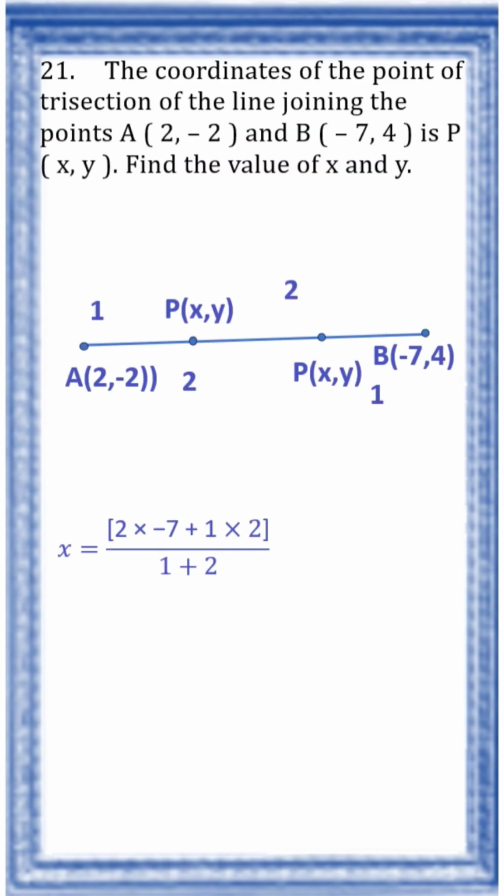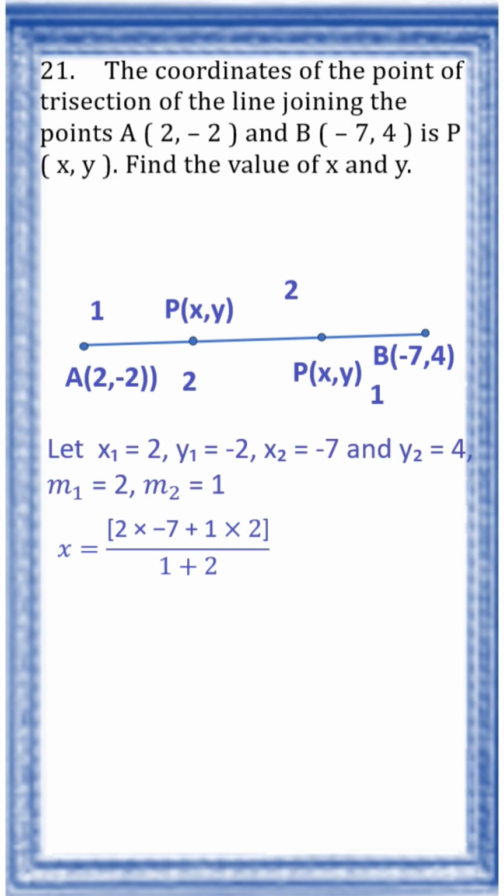What is the ratio? It is 2:1. Now m1 is 2 and m2 is 1. Here you can't write in the reverse order. Now let us substitute the values and find x and y. Here x is equal to 2 into negative of 7, that is negative of 14, plus 1 into 2, that is 2.